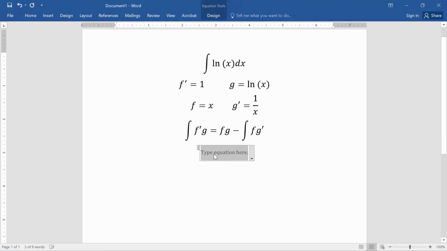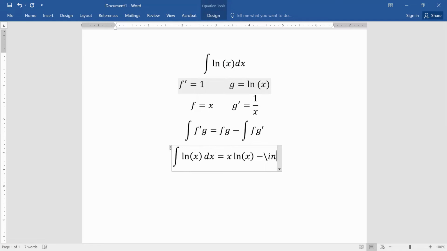If I plug that into my integration by parts formula, it gives me that when you want to integrate natural log of x with respect to x, you need to take f times g, that's x, multiplied times the natural log of x, minus the integration of f times g prime. f is equal to x, g prime is 1 over x, with respect to x.